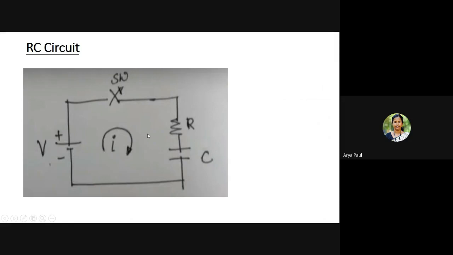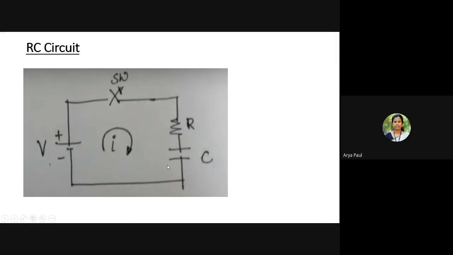As time passes, what happens to the charge on the capacitor? The capacitor will slowly get charged as time passes. The capacitor voltage will increase gradually only, and finally it will come to a constant voltage.